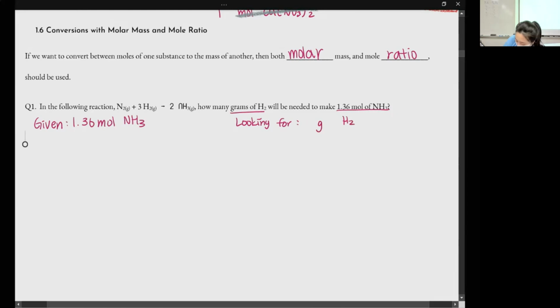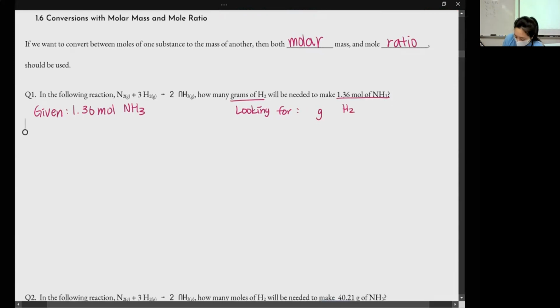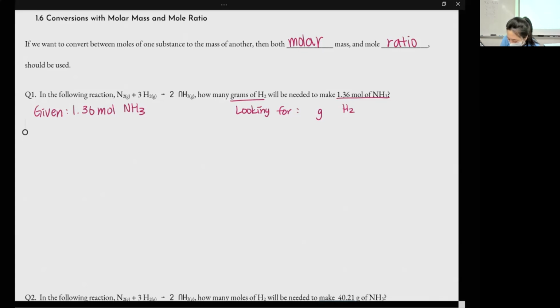So first we will calculate the molar mass of what you're looking for, because that's what the gram is, and then we're going to write the mole ratio.